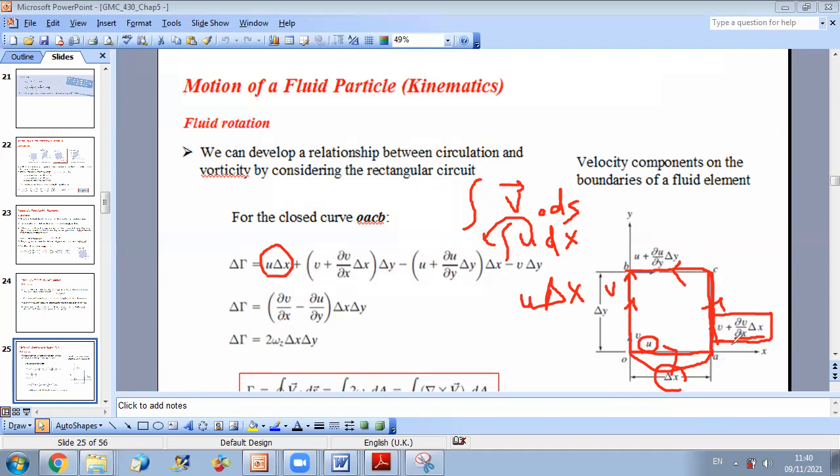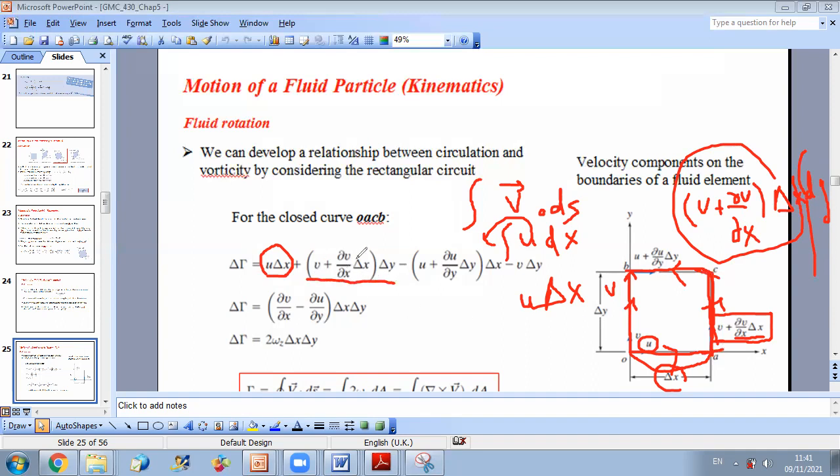By integrating over AC, I have v plus del v by del x delta x times dy, since ds here is dy. When I integrate over dy, this is constant over y, so I can take it outside of the integral. The integral over dy from point A to point C is delta y. So the second term will give me plus v plus del v by del x delta x times delta y.